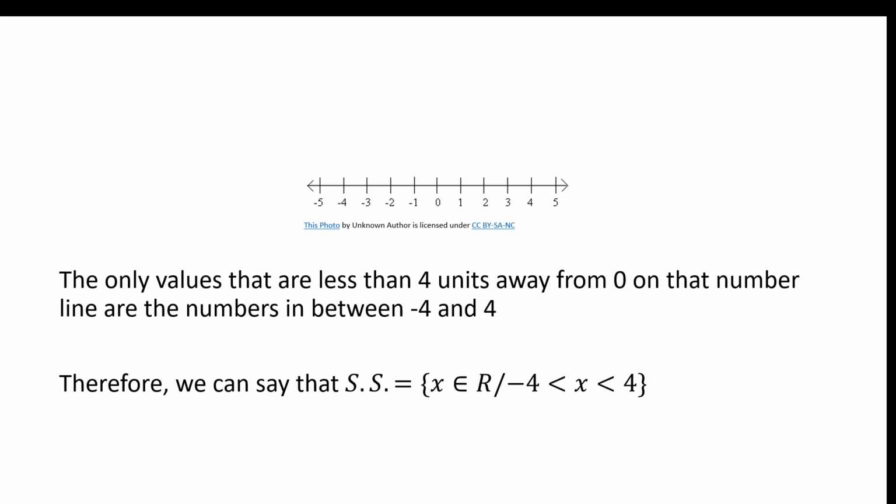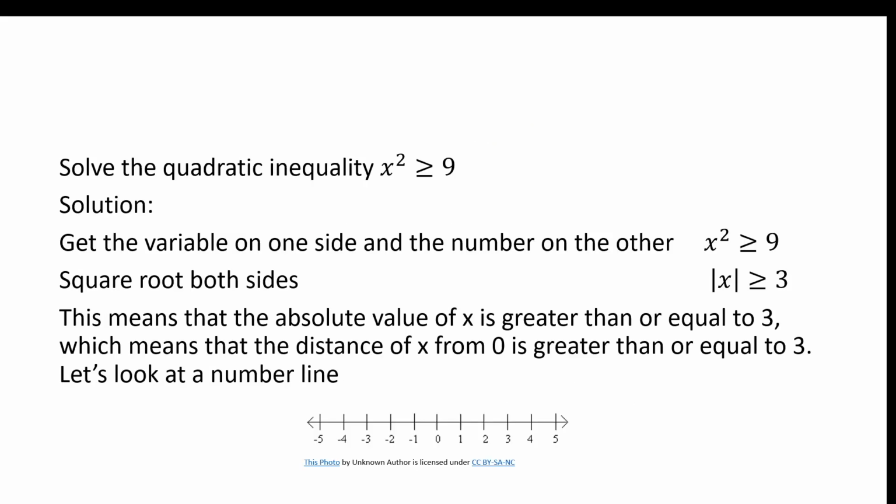So, showing that here one more time, we can say that the answer would be all of the x's that are elements of the reals such that negative 4 is less than x is less than 4. And that would describe this interval there.